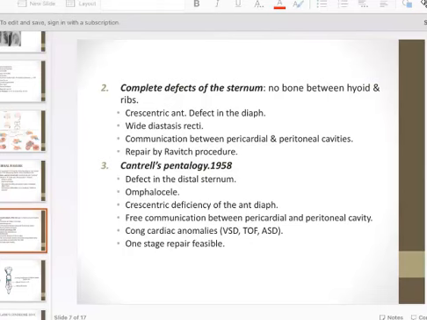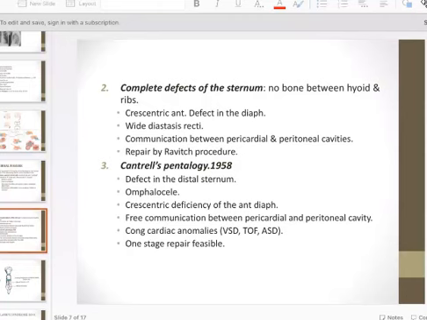The most important is the diaphragm, because it protects the abdominal organs from the thoracic organs, and there is a free communication between the pericardium and peritoneal cavity, and this is associated with congenital heart disease like VSD or tetralogy of Fallot, or maybe ASD, atrial septal defect or ventricular septal defect.